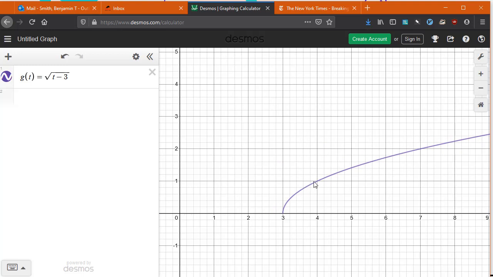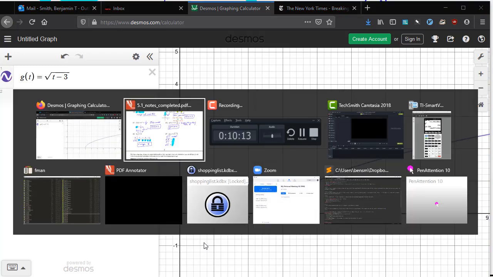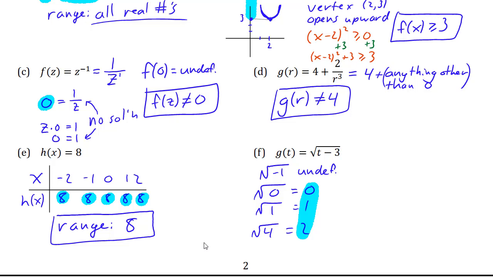If you plug in t equals 4, the result is 1. If you plug in t equals 7, the result is 2. But there are no points where the y coordinate is negative. So the range of this is g of t is greater or equal to 0.